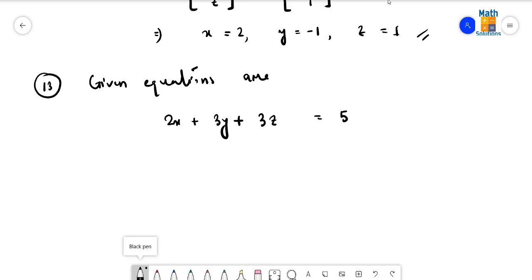After this, the next equation is x − 2y + z, which I get here as −4. Then 3x − y − 2z comes as 3.